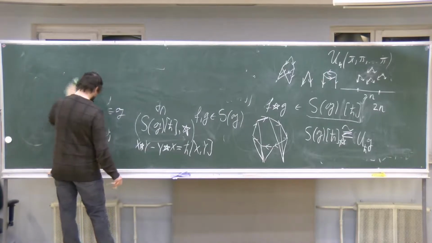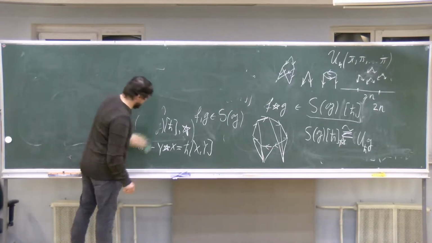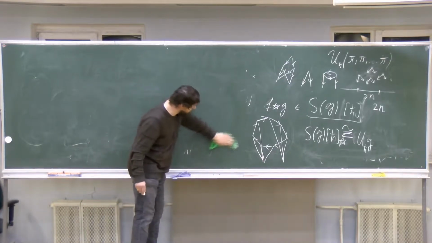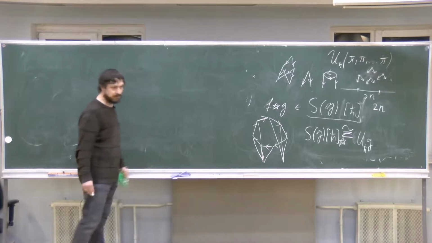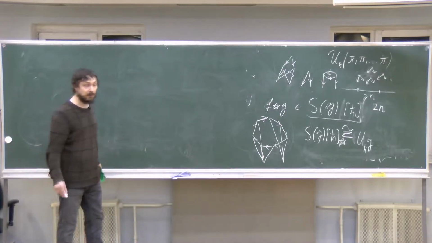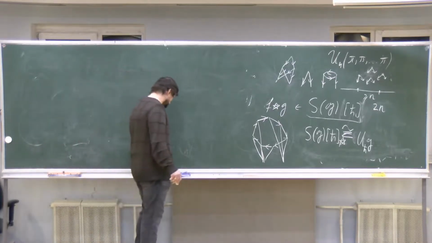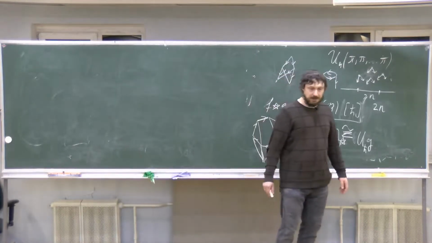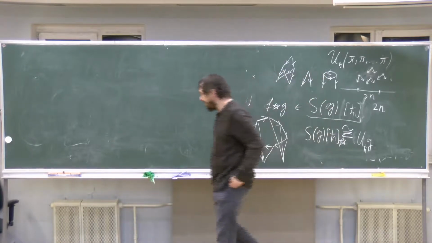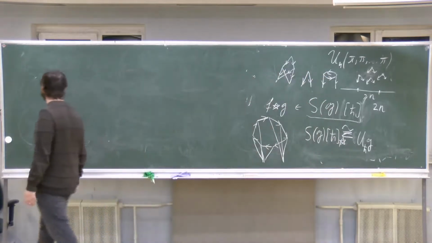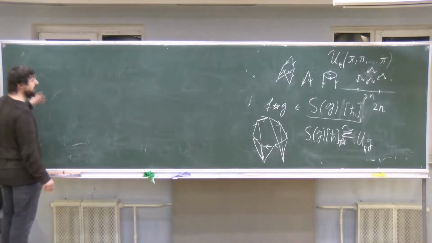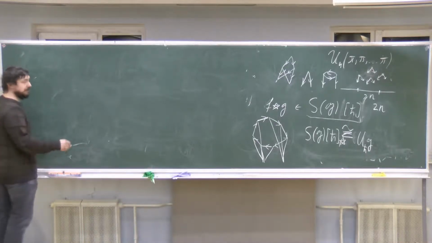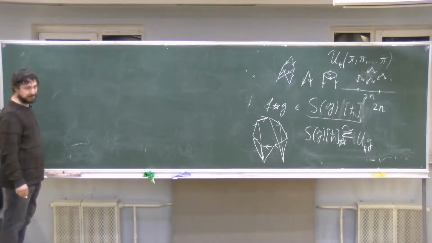Now, one of the advantages of the Kontsevich construction, of this business with infinity maps, is that it allows you to do a little bit more than just construct the star product.